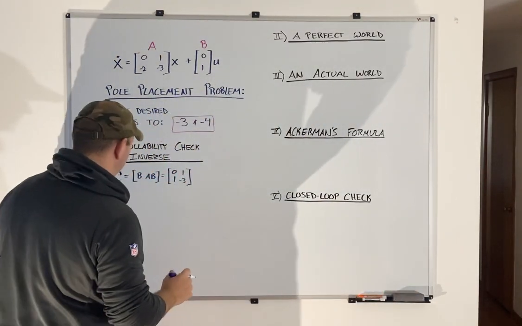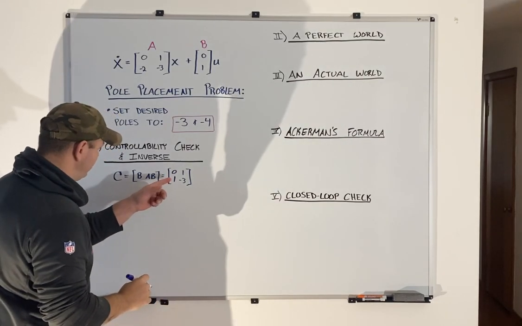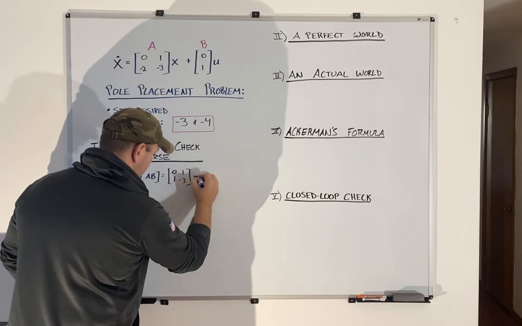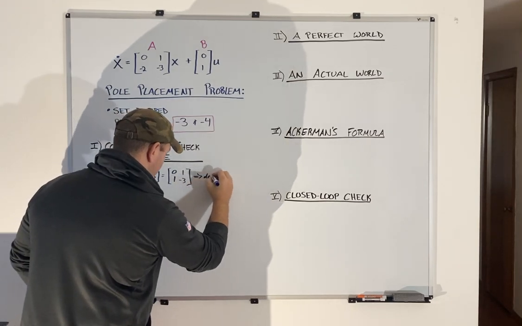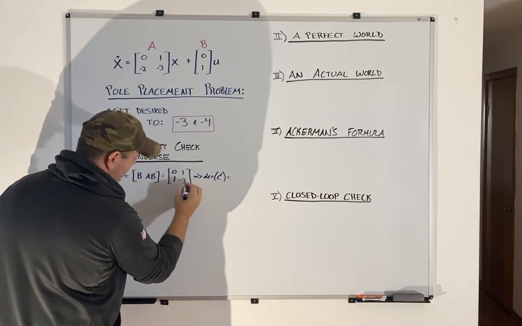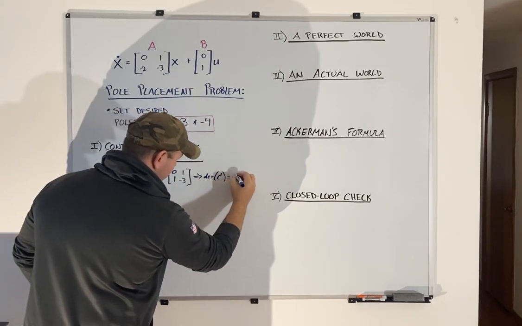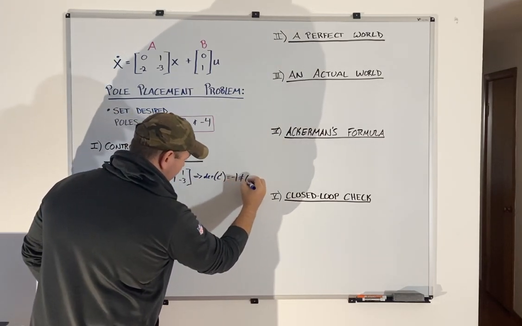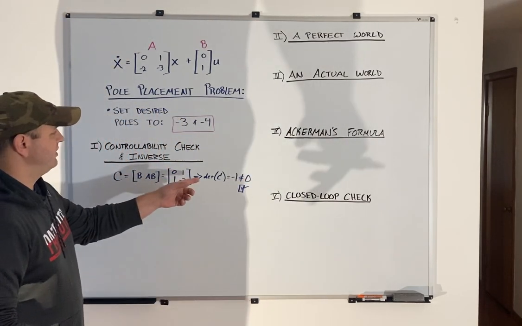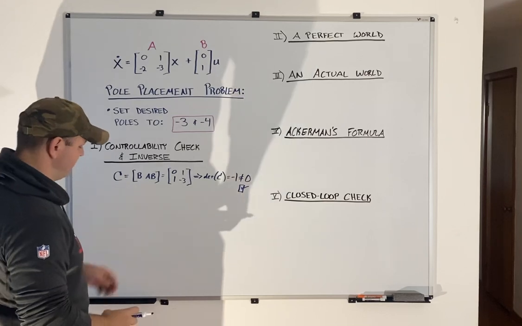While you're here, you have your controllability matrix. Now you have to check the determinant of it. That's 0 minus 1, which is -1, which is not equal to 0. A nonzero determinant means we can move on because the system is controllable.